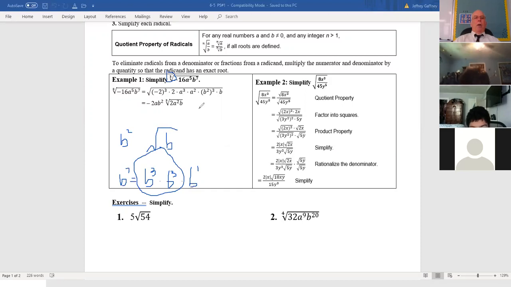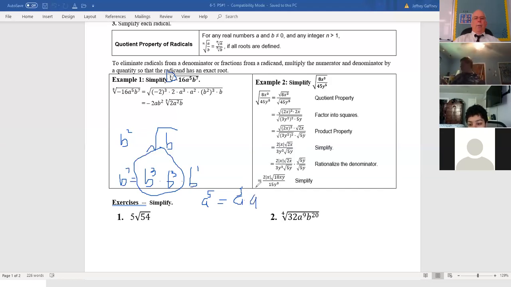All right. So now let's look at a to the 5th. Again, we're taking cube roots, so it is the same as a cubed times a squared.